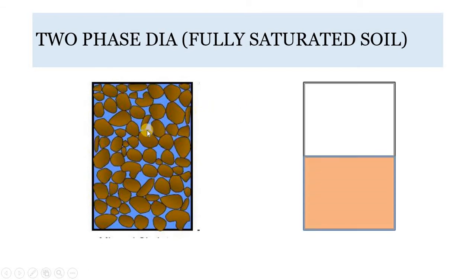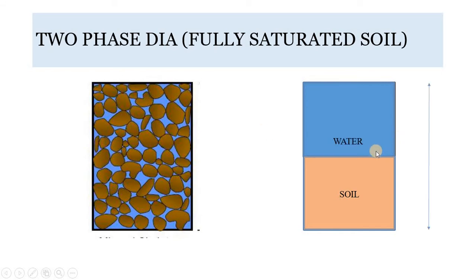In that volume, some part is occupied by soil particles and the remaining part by water molecules. In that case, the total volume V is the sum of the volume of water and the volume of soil, and accordingly the mass of water and the mass of soil. This is for fully saturated soil.